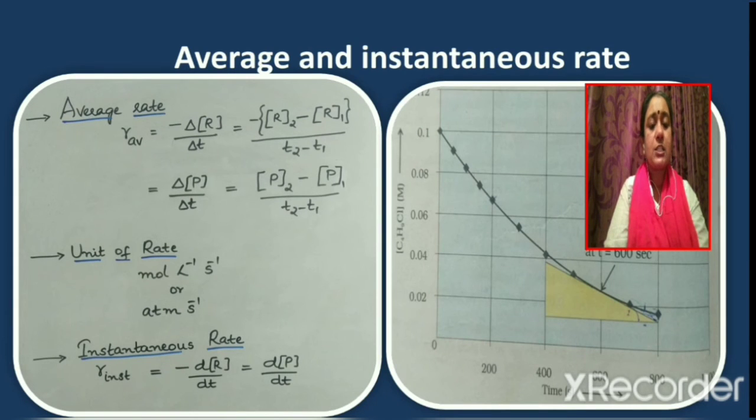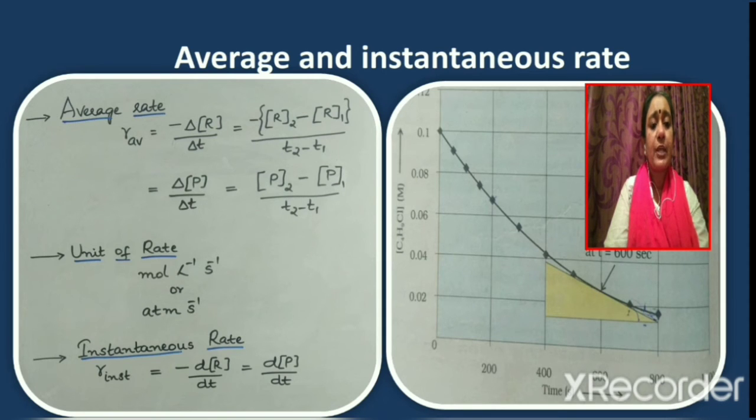Average rate is therefore given as equal to minus delta R by delta T, which is equal to minus of R2 minus R1 by T2 minus T1. It is also given as equal to delta P by delta T, which is equal to P2 minus P1 by T2 minus T1.